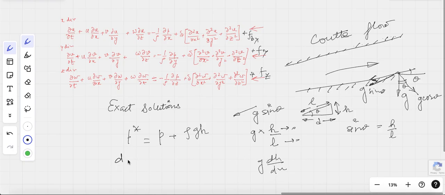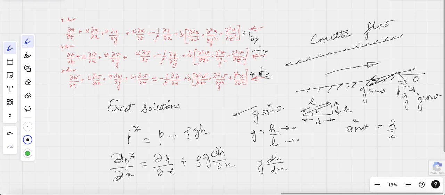So we can write the piezometric gradient as equal to the partial derivatives, actually these are dp by dx plus rho g dh by dx.